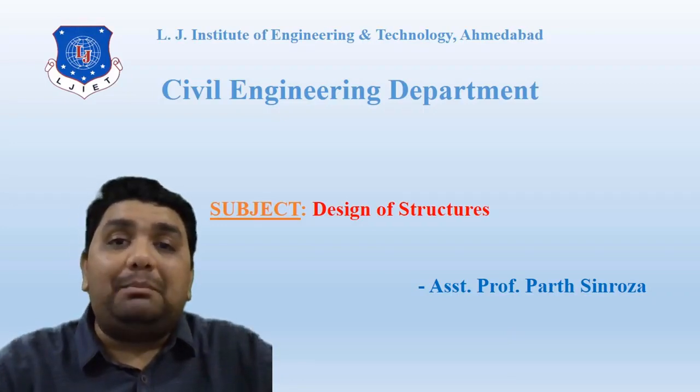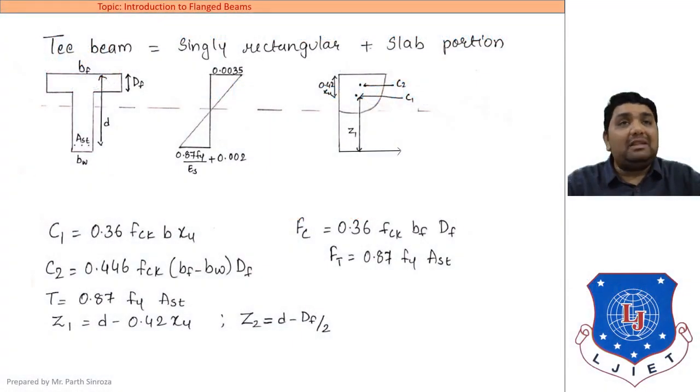Taking a brief look at what we discussed in the previous lecture, we saw the stress strain diagram of the T-beam. Here we discussed various forces. For example, C1 and C2 were our major concern. C1 was the compression force due to our singly reinforced section, and C2 was the compression force due to the hedge portion, or the slab or flange portion.